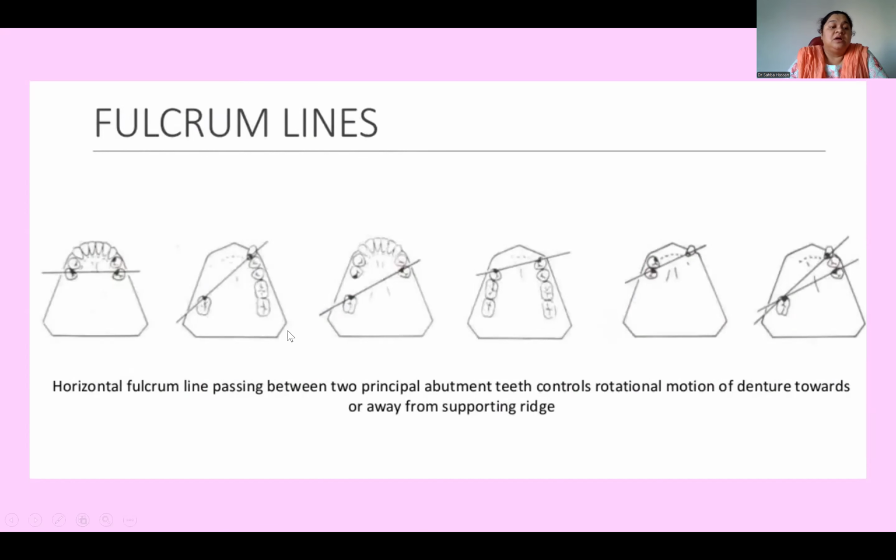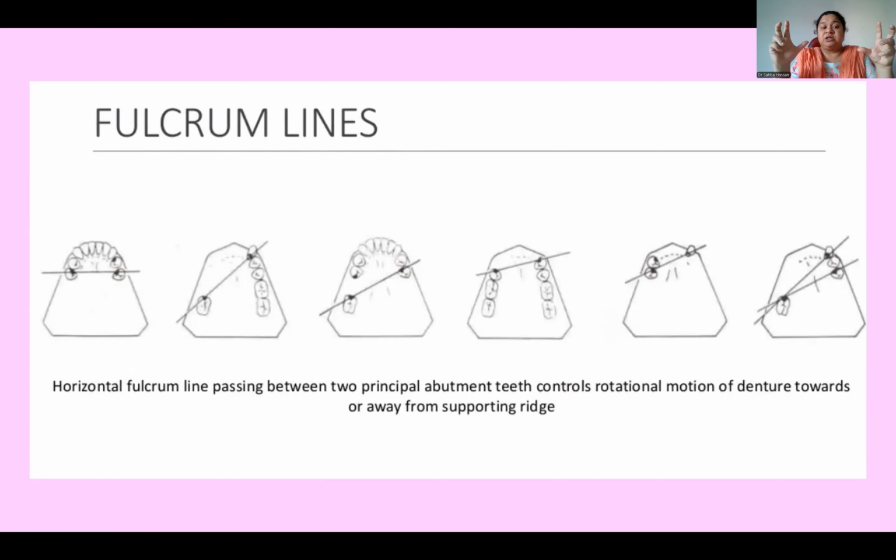Similarly here, the horizontal fulcrum line passes between the two principal abutment teeth, through the posterior-most abutment tooth. After drawing that, only then will you decide where to add the rest, direct retainer, indirect retainer, major connector, minor connector. Everything depends on this, because it controls the rotational motion of the denture towards or away from the supporting ridge. That is important. So what is the fulcrum line?